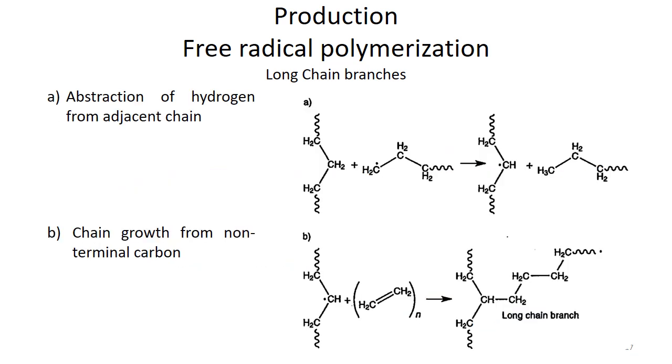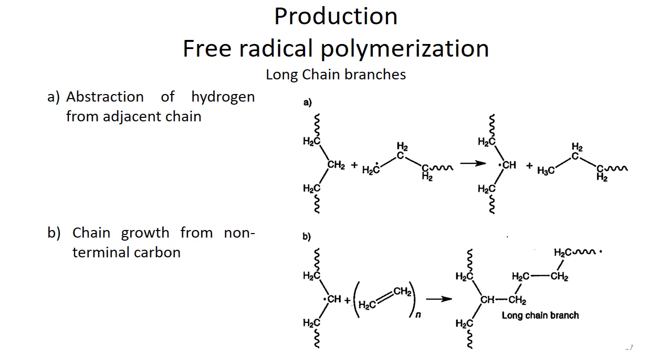This explains what we discussed in the previous slide. As you can see here, there are two polymer chains. One has the growing part, and the other has the monomer repeating units. The growing end reacts with the CH2 and abstracts a proton, converting the long chain into another active growing part in the middle of the chain.